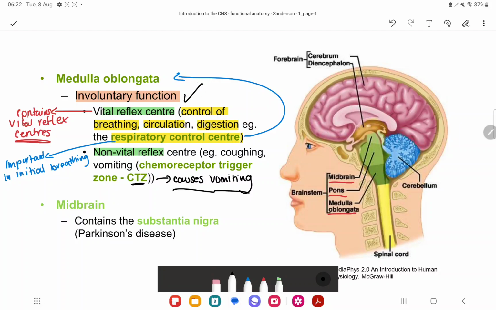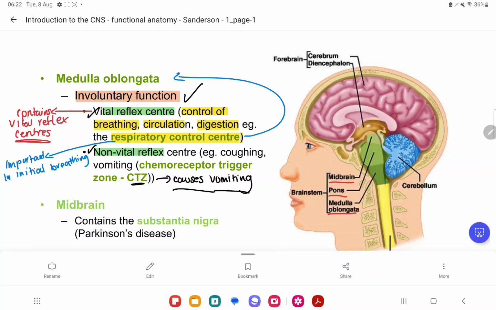Second, this is where the vital reflex center is contained, and also the non-vital reflex center. Then you can give examples: the respiratory control center for vital reflex centers, and the chemoreceptor trigger zone, which is part of the non-vital reflex center. Those are the three things you want to say.